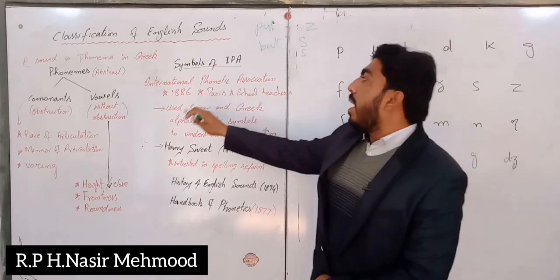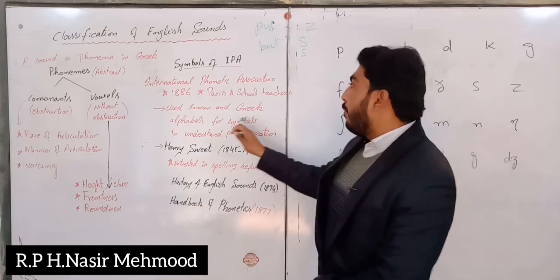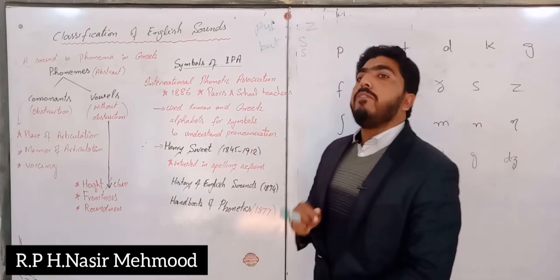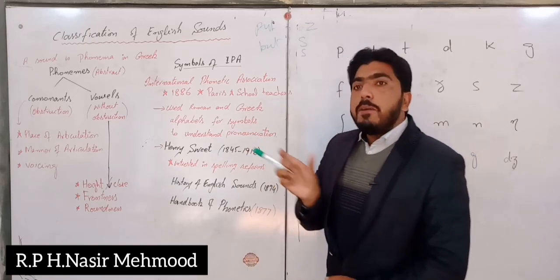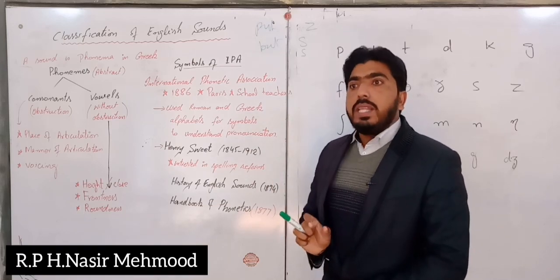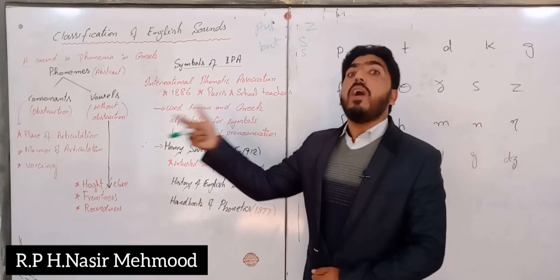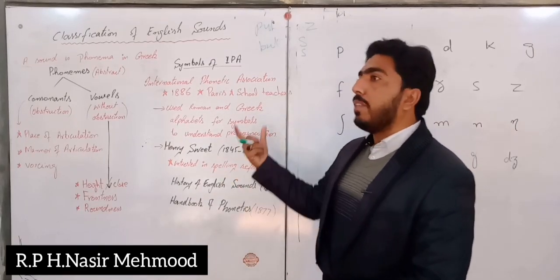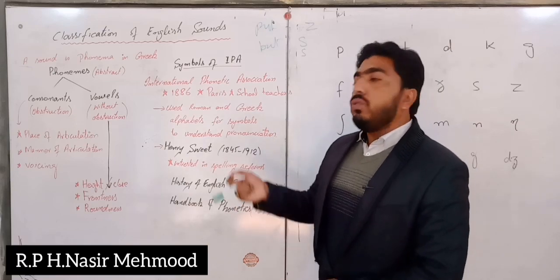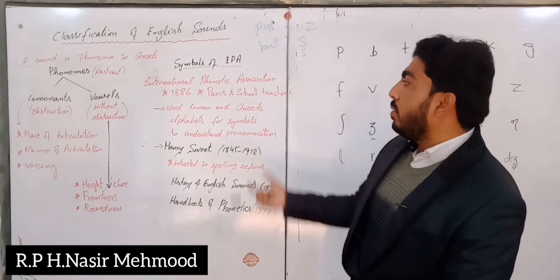They started using Roman and Greek alphabets for different symbols. They decided we should have a complete system of symbols that may enable us to understand the pronunciation of foreign languages.